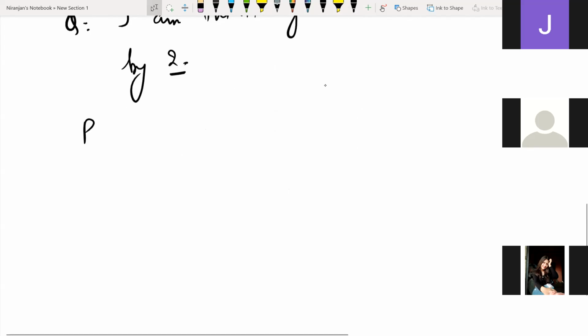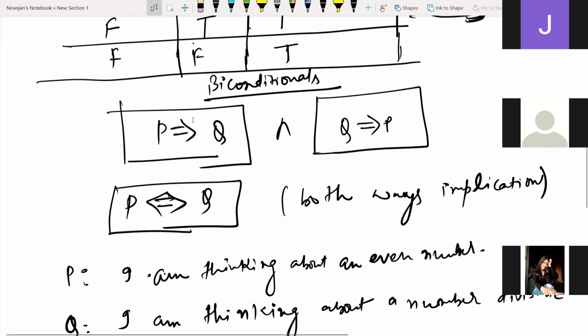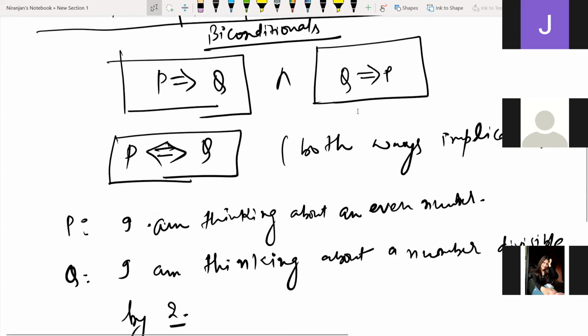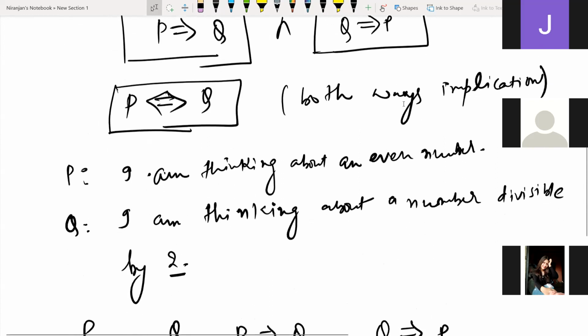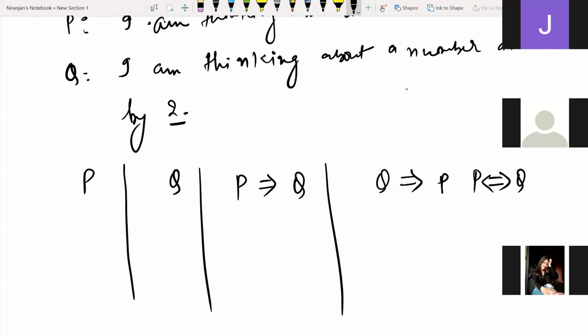So how do we make the truth table for this? This is your P, this is your Q. P implies Q, Q implies P, and what did I set up? I set up that these two are an intersection, or you can say conjunction. So that would be P biconditional Q, and you make the truth table.